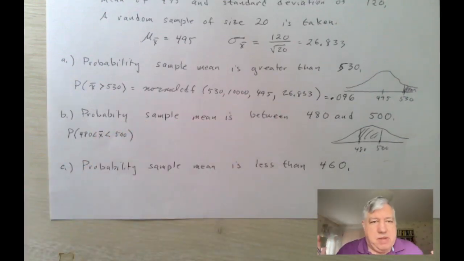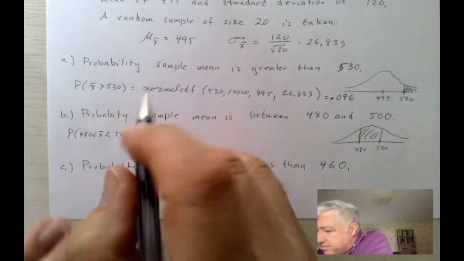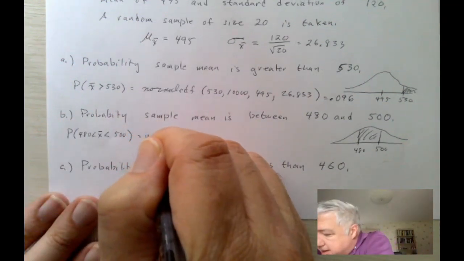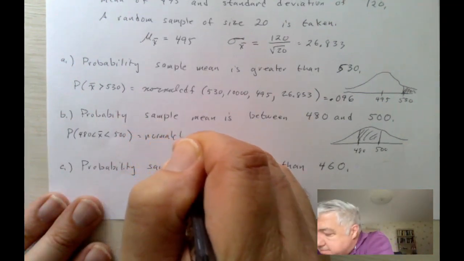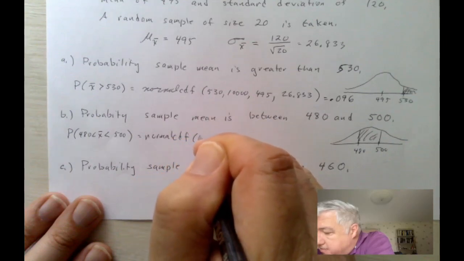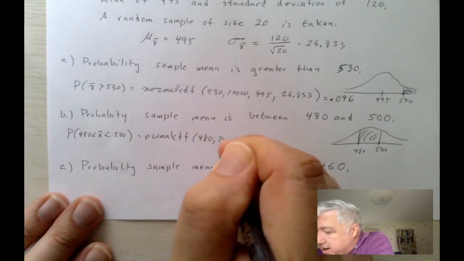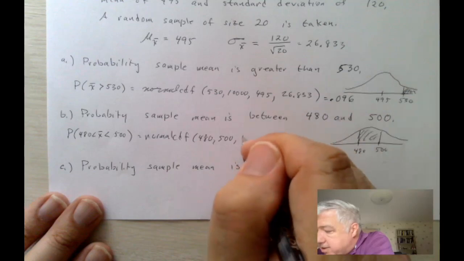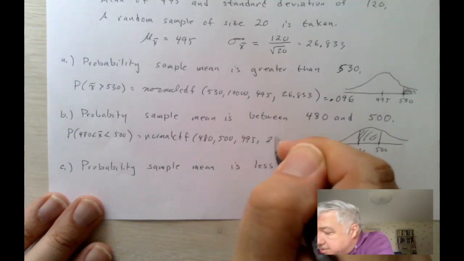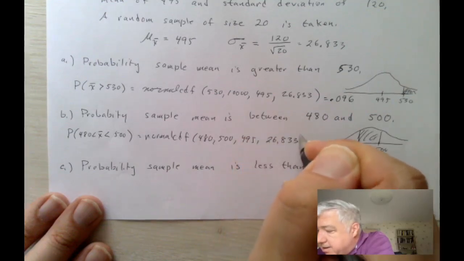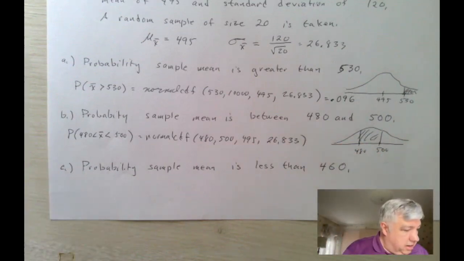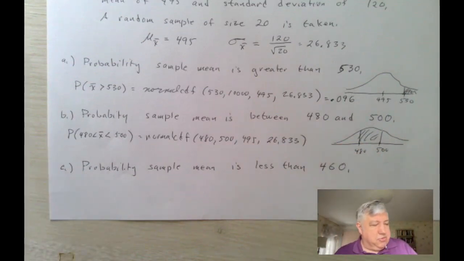Again, it doesn't really matter if we include the endpoints or not, because this is a normal distribution. So we would use normal CDF of 480, 500, 495, and 26.833. And this turns out to be 0.2286.